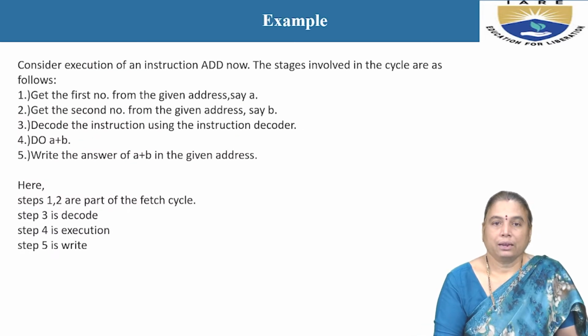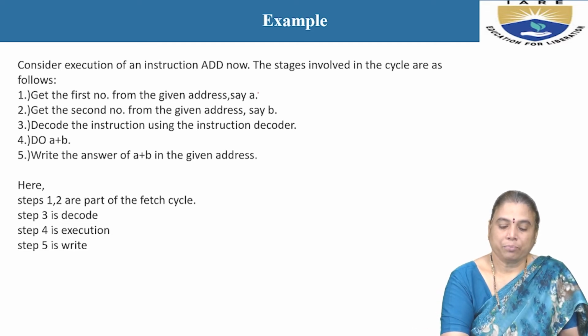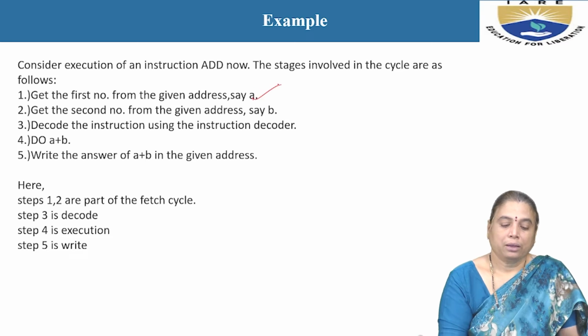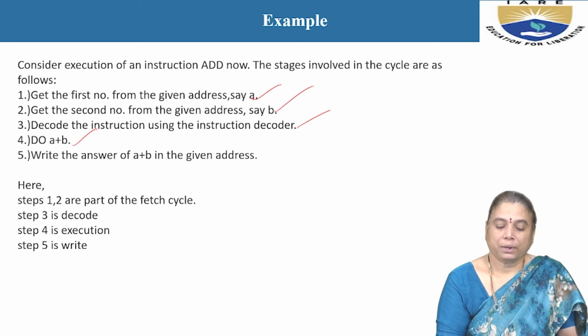So consider an execution of the add micro operation. Get the first number from the given address, for example, address A. Get the second number from the given address, for example, B. Decode the instruction using the instruction decoder, execute the A plus B operation and store the result.